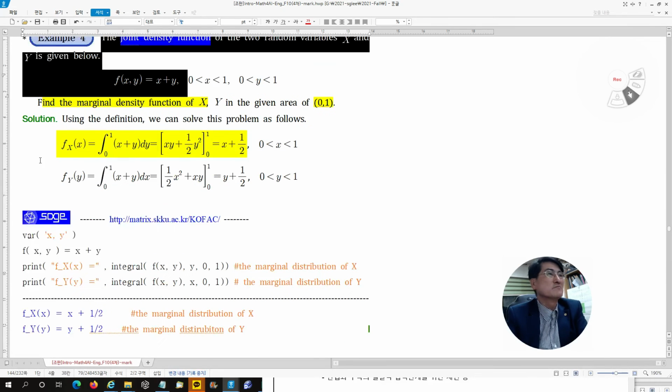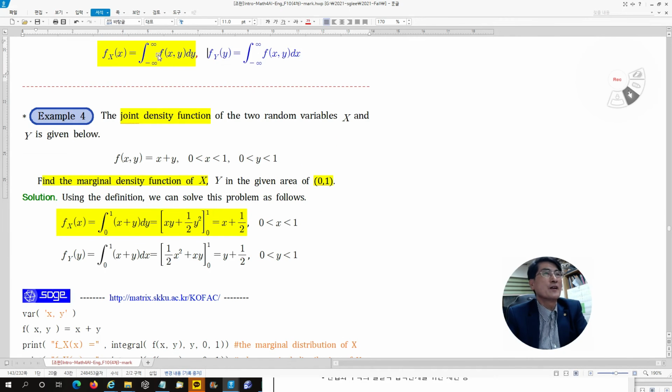Then from the above formula, the marginal density function f of x is the integral of x plus y from 0 to 1, which gives us x plus 1/2. And the marginal density function of y is the integral of x plus y with respect to x from 0 to 1, which is y plus 1/2.